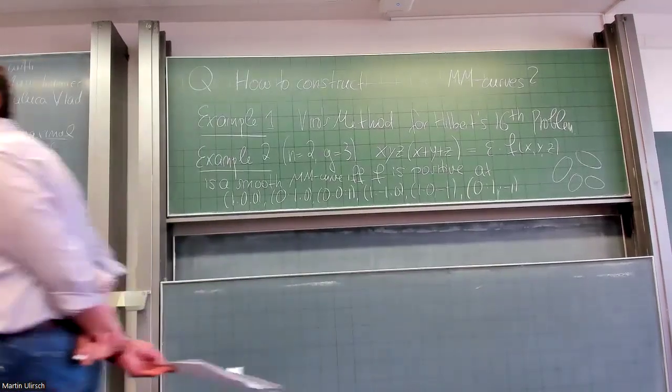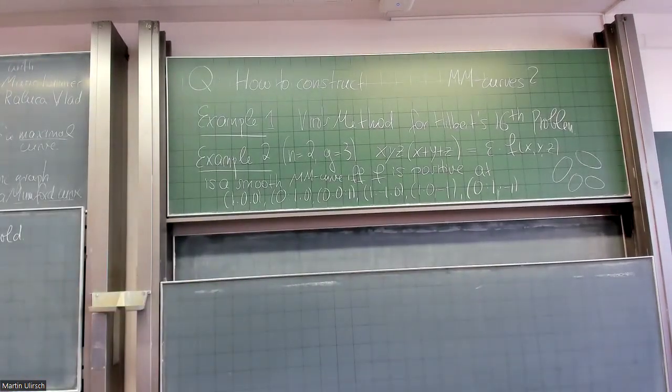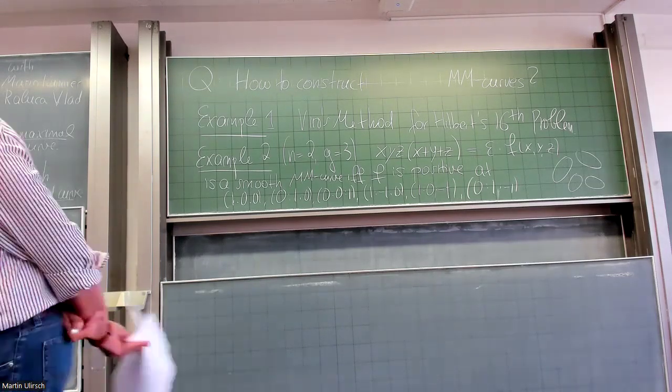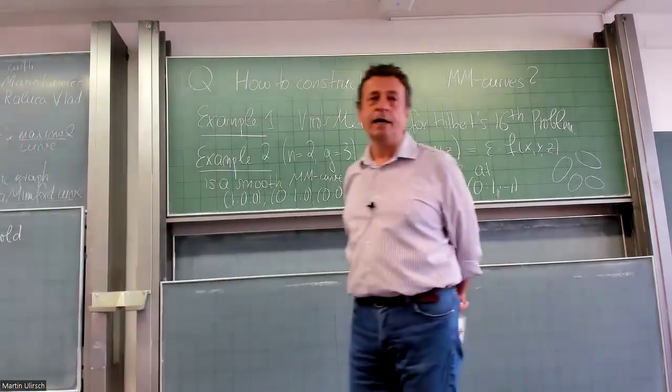So to quote Ben, this would be an enriched tropical curve, right? So you take the triangulation, you replicate it 4 times, one for each of the orthants: plus plus, plus minus, minus plus, and minus minus.